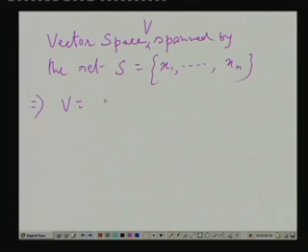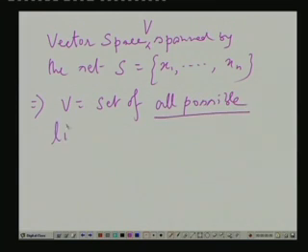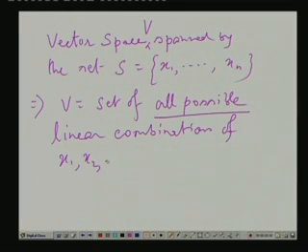That means, V is the set of all possible linear combinations of the elements.